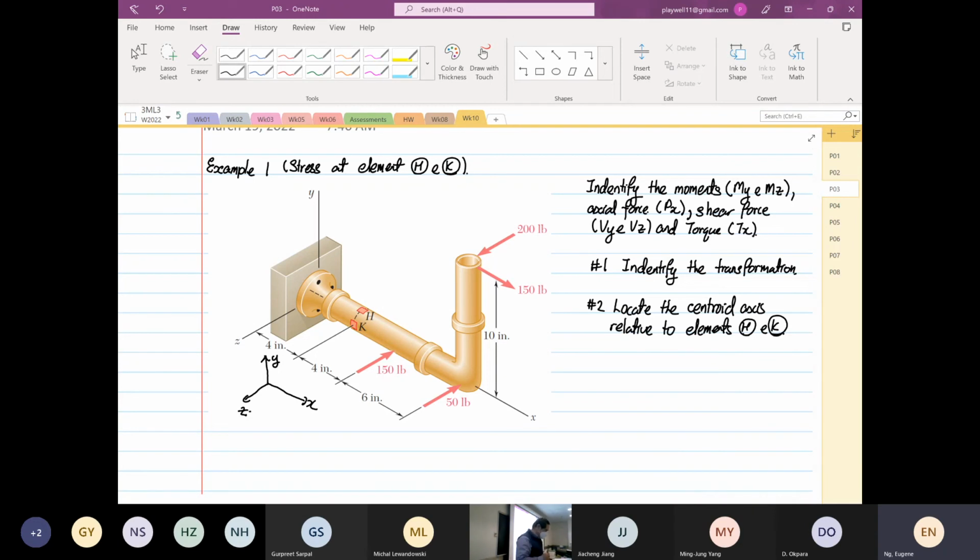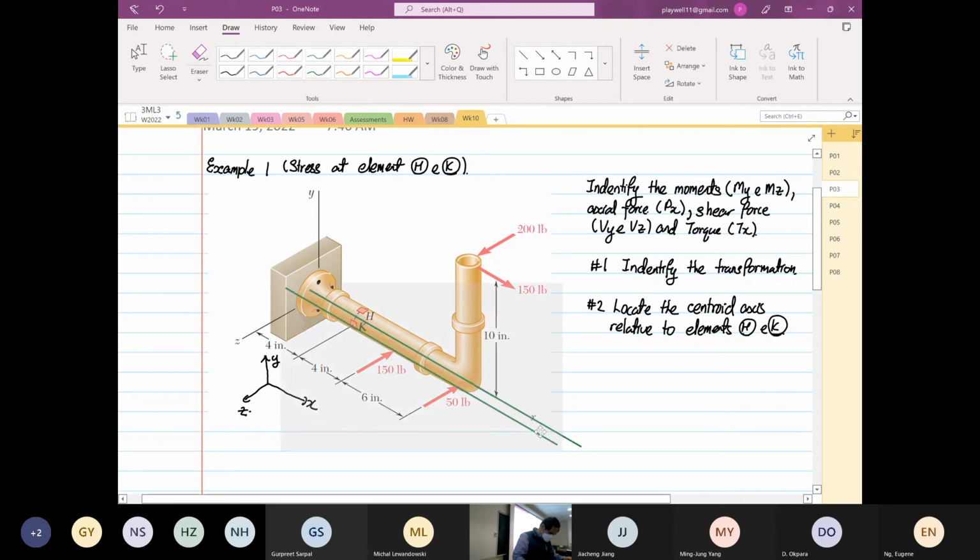So what do I mean, locate the centroid? We can see where element H and K are. This is your element H and this is your element K. So the centroid relative to element H and K is over here. Okay, so this is our centroid.